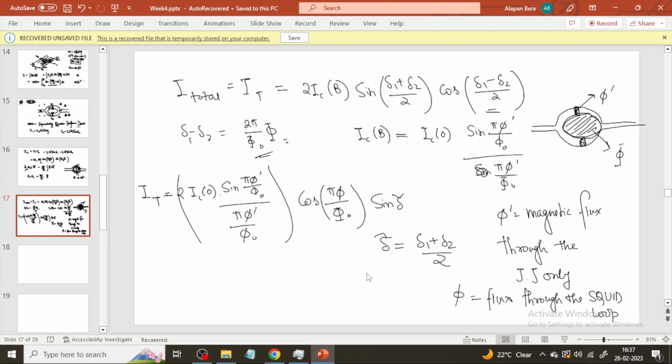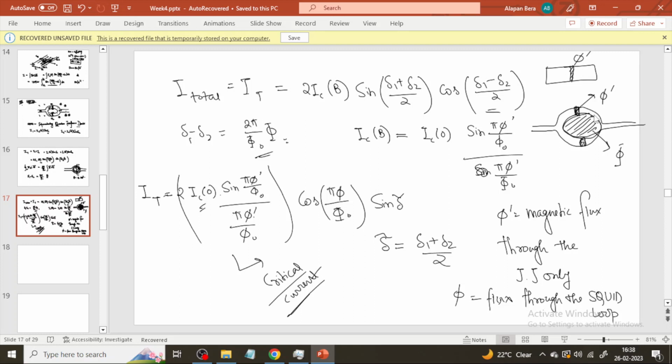From here we can see that because these places are very thin, this phi prime is very small, so this critical current does not get modified too much. If you had used only a Josephson junction, this place is very thin, and that is why phi prime is very small. So in the presence of a magnetic field, the total current does not get modified too much.